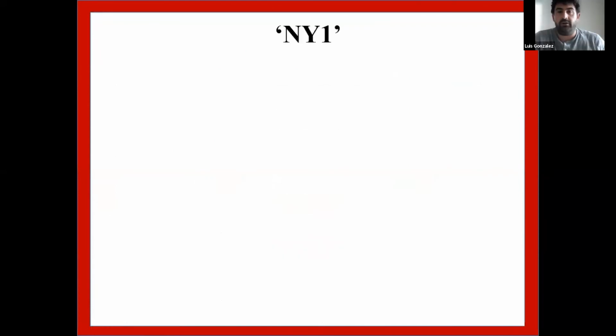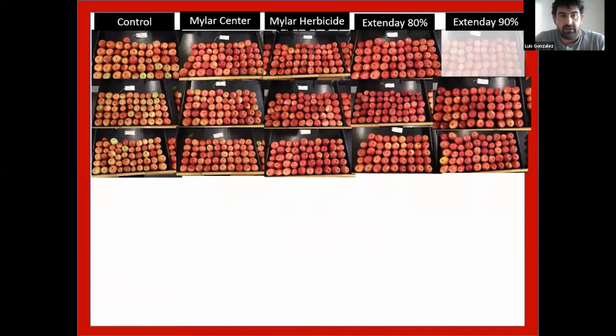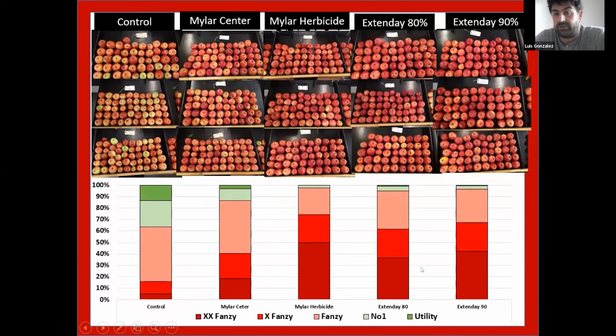In all these orchards, we picked samples. These are the samples in NY-1. You can see this is the control treatment. It's more yellow in comparison with mylar and all the other treatments. Maybe this is between the maximum red color and the control. If you see the picture, the result is the same.